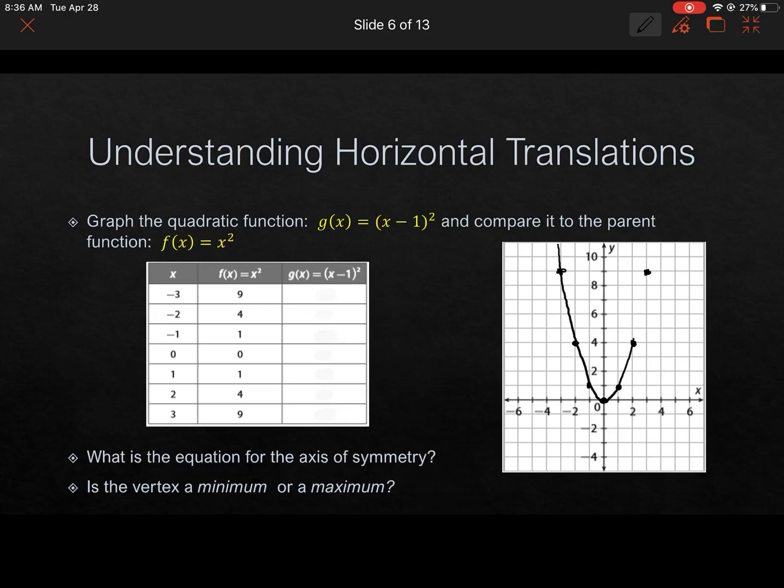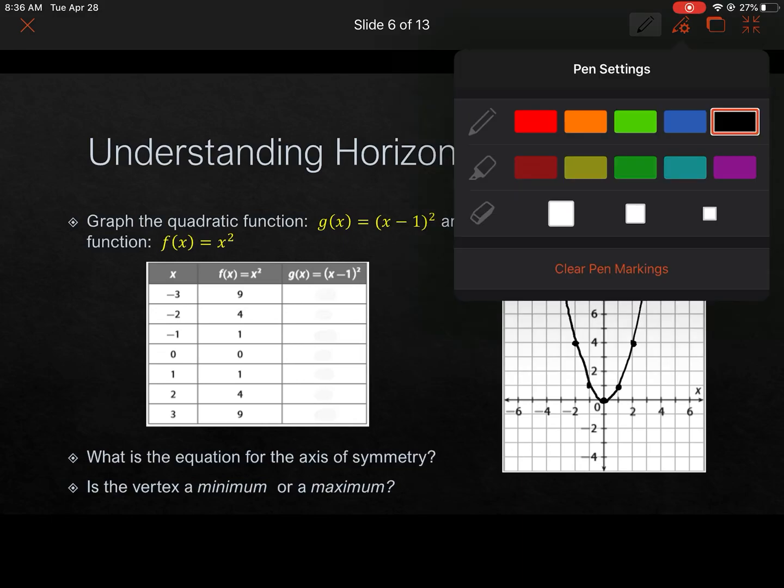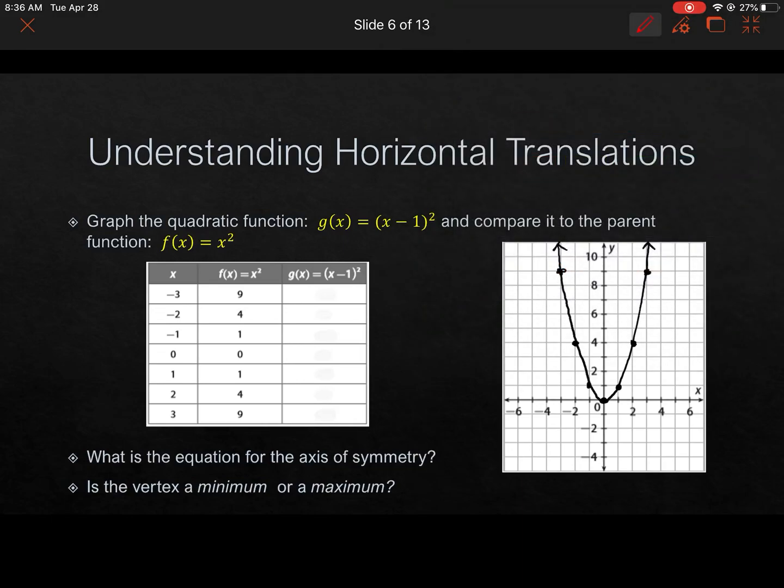As always, vertex is at 0, 0. And let's compare it to x minus 1 squared. Okay, so now keep in mind, order of operations, we're going to be doing, let's see, negative 3 minus 1, and then squaring it, right?